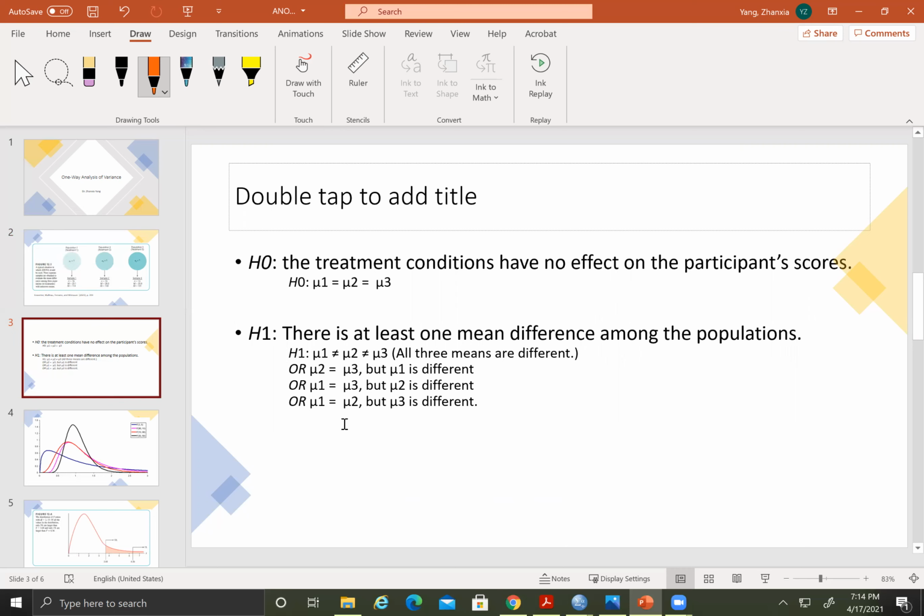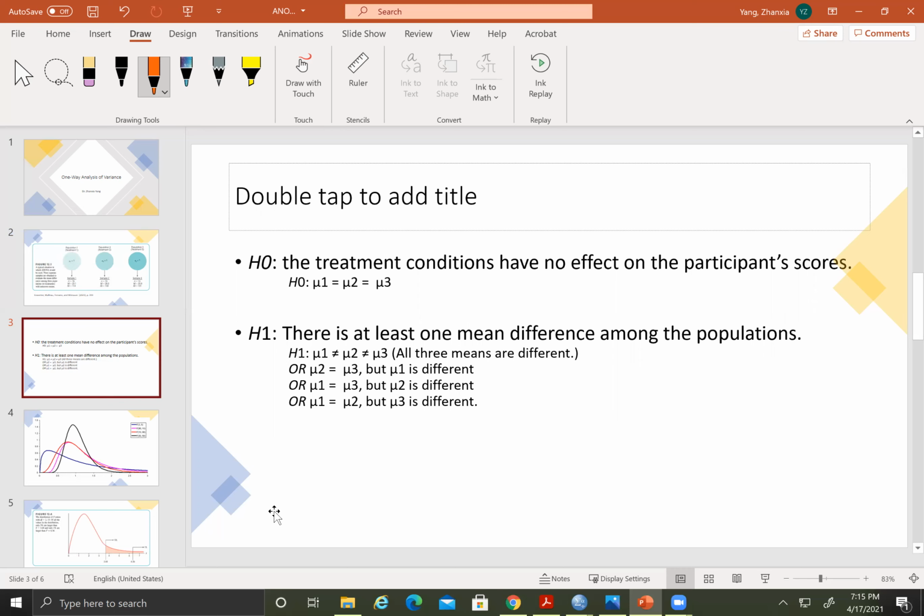As you have read, the null hypothesis and the alternative hypothesis are mutually exclusive. So we can logically conclude that if we reject one, we can accept the other.